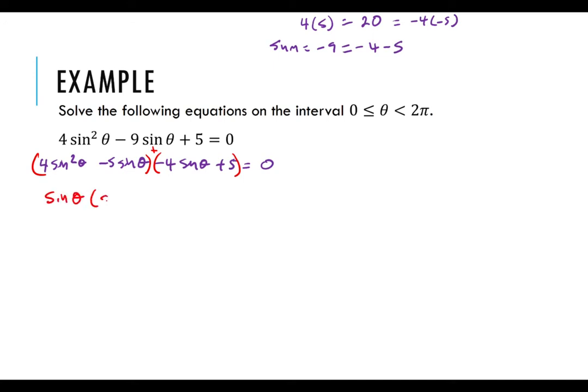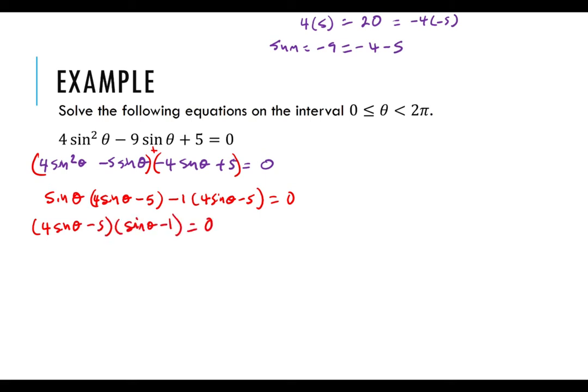Sine of theta times what's left over is 4 sine theta minus 5. Then I need 4 sine theta minus 5 to be in the next binomial, so I'm going to factor out a -1 times 4 sine theta minus 5 is equal to 0. Factor out that common binomial. That's going to be 4 sine theta minus 5 times sine theta minus 1 is equal to 0.